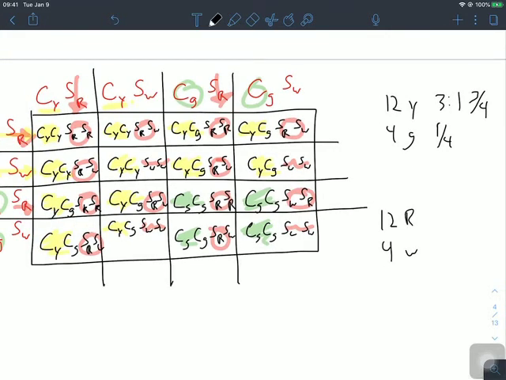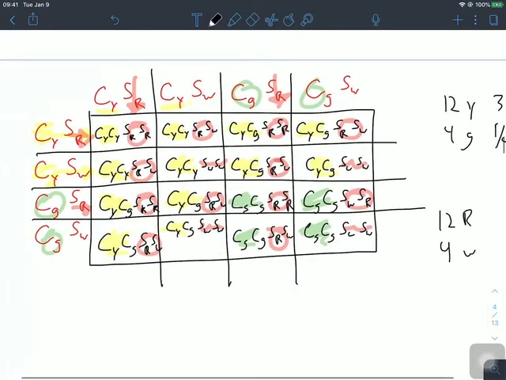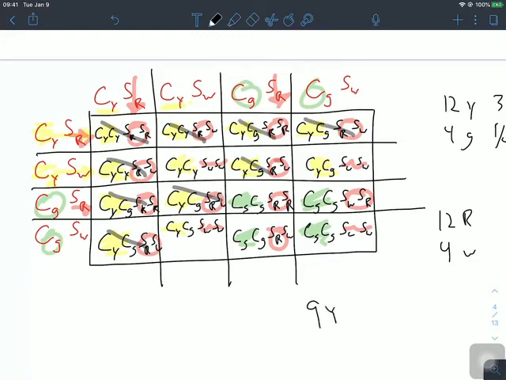But what we really care about is looking at how often these things occur. So you could go back to your Punnett square and be like, all right, 1, 2, 3, 4, 5. Whoop, nope, sorry, I'm counting. Let's start over here. I'm counting all of those that are yellow and round, and then crossing them out. 1, 2, 3, 4, 5, 6, 7, 8, 9. 9 yellow rounds.